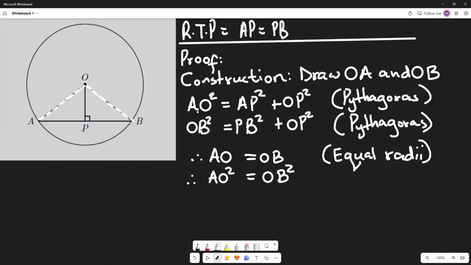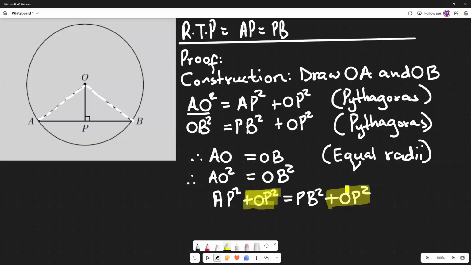But ladies and gentlemen, we know that AO squared is this guy, so I can replace AO squared with that. So I have AP squared plus OP squared equals OB squared, which is PB squared plus OP squared. All right. And then OP squared will minus with that one, so they will cancel each other. It's like if I move this OP squared that side, it will cancel this one.